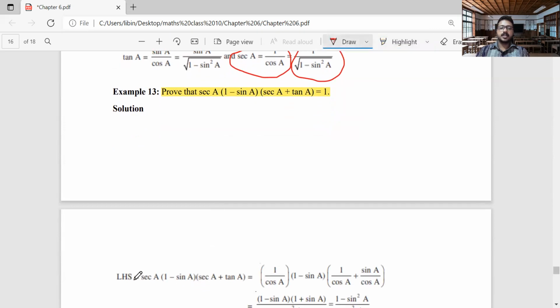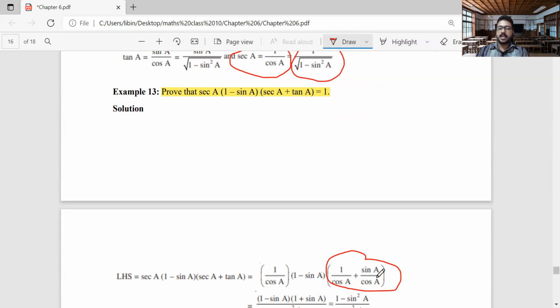Now look at it. We are writing in terms of sine and cos. That is 1 by cos a into 1 minus sin a into 1 by cos a plus sin a by cos a. Now look, the denominators are like terms, so we can just add them like fractions.